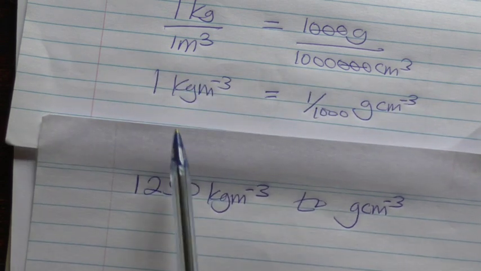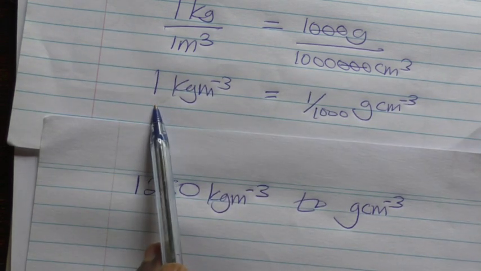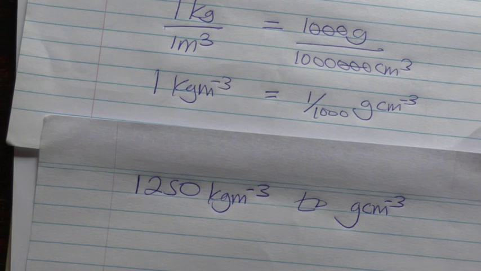From our derivation, we've seen that 1 kilogram per meter cubed is equivalent to 1/1000 grams per centimeter cubed.